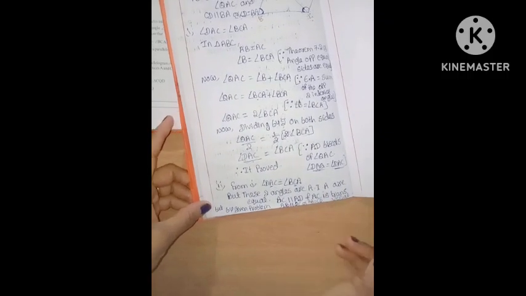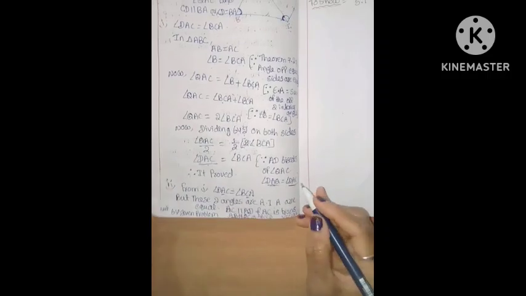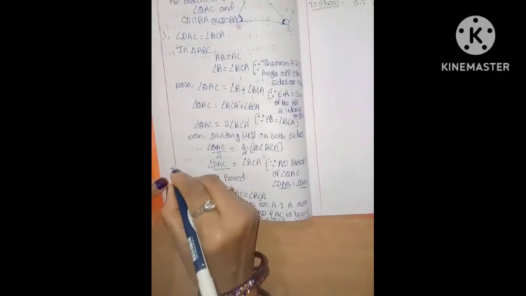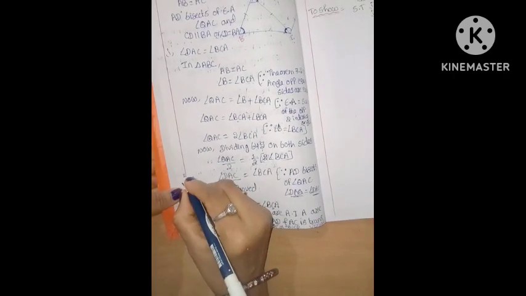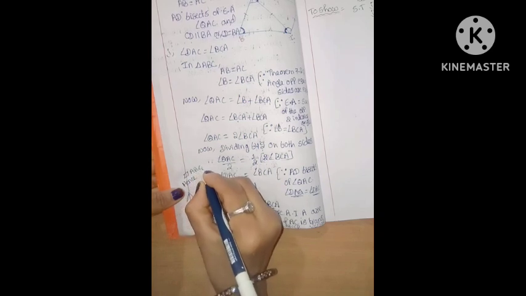These two sides are parallel. So for the final answer, write it here. Hence, before you write it, one more step: ABCD is a parallelogram.